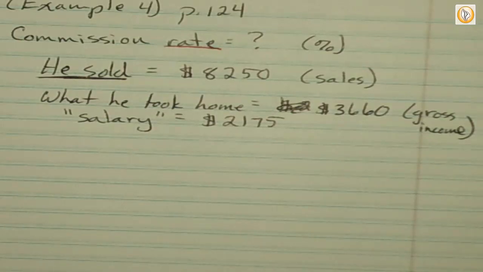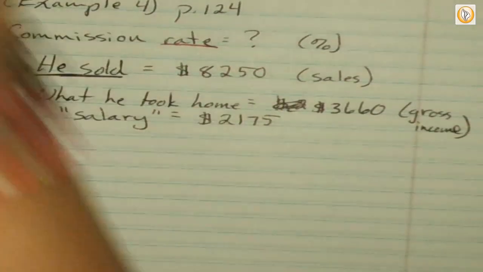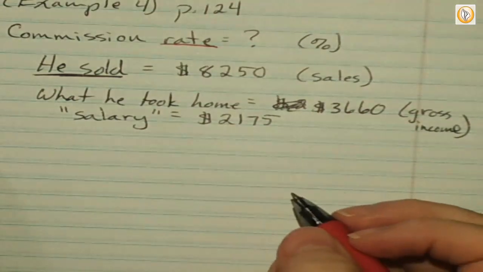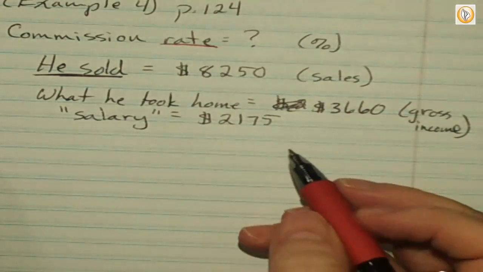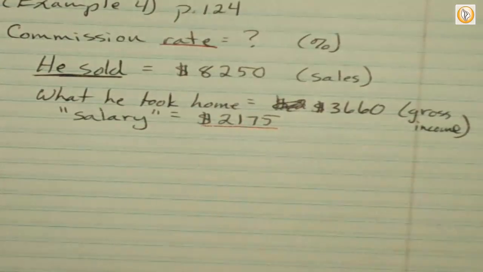Real estate, all these places I'm listing, they give you a salary, but it's much lower because they work on commission. Or your wait staff in restaurants, they work on tips. So he's always guaranteed, no matter if he sells $0 worth of stuff, or over 8,000, he's always going to get that.